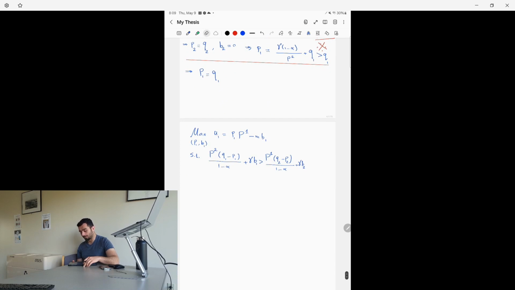P1 is Q1. Then we have to maximize U1 minus MB1 subject to, so we want B1 to be as low as possible, but we need to have the constraint, which says gamma B1 greater than P1 Q2 minus P2, 1 minus alpha plus gamma B2, right?